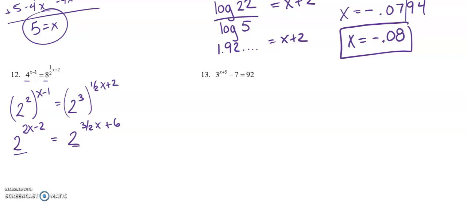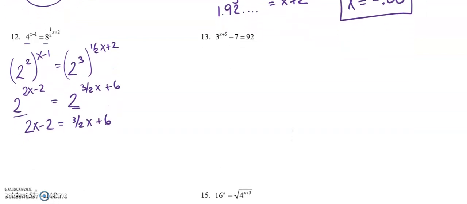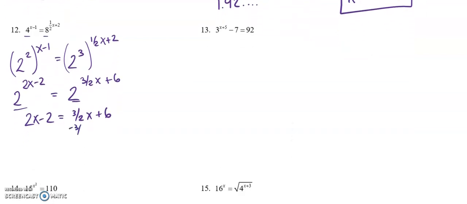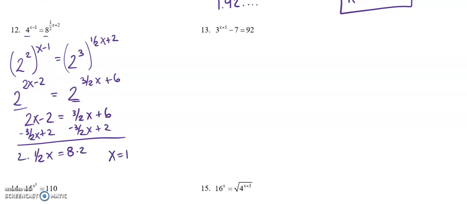Our bases match, therefore the exponents have to match. I'm going to subtract 3/2 x from both sides. That's 1/2. And then I'm going to add 2 to both sides. So what does that give us? That gives us 1/2 x equals 8. Multiply both sides by 2, and we get x equals 16.